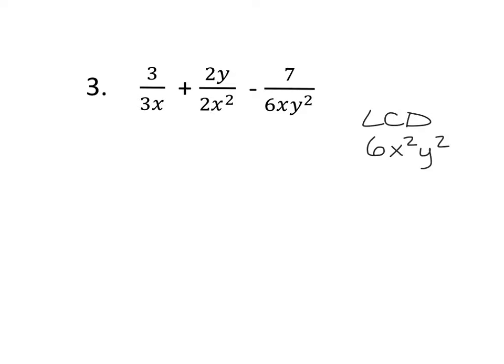Alright, and this is the method I've asked some of you to redo your problem and show. Therefore, this first fraction I'm going to multiply by 2xy squared, because I've got to make the bottom 6x squared y squared. The middle one I'd have to multiply by 3y squared.